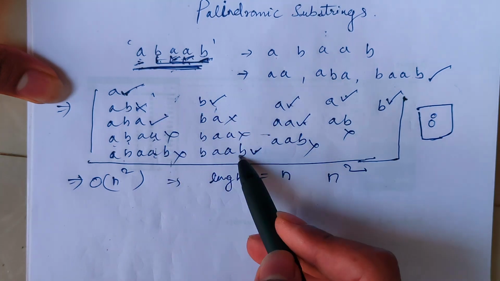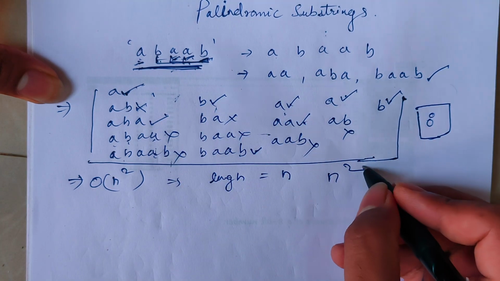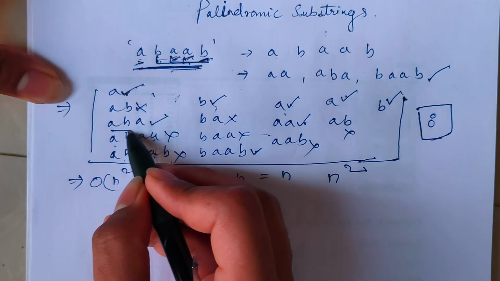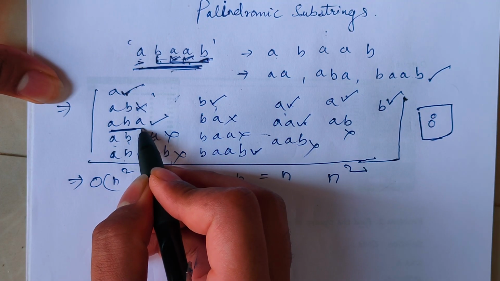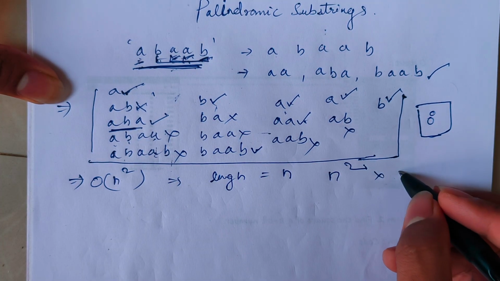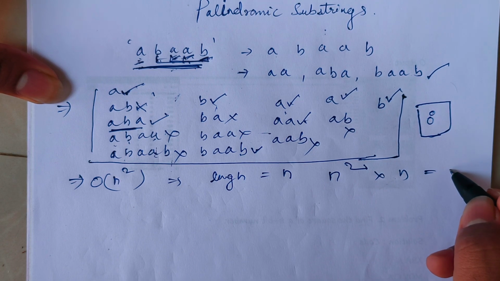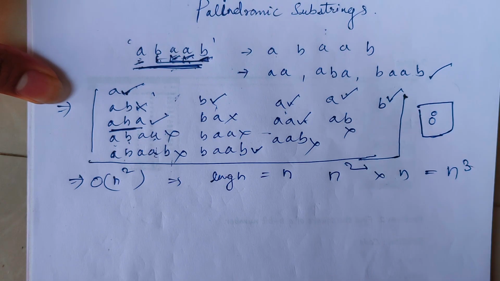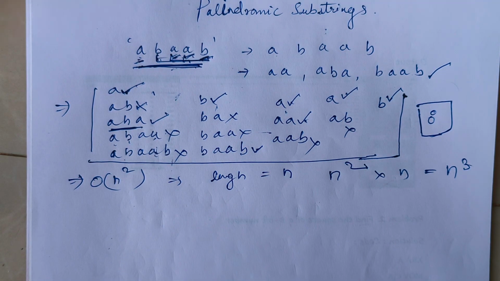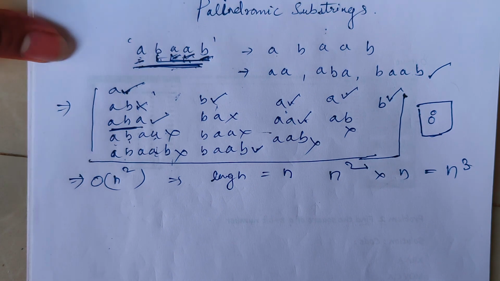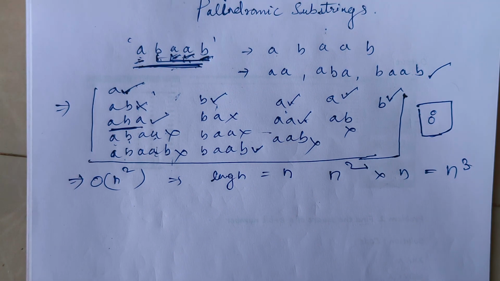For generating every substring we took n square, and for checking whether it is a palindrome or not, it takes order of n. So the total time complexity of this algorithm would be n cube, right? Can you think of any algorithm which could take lesser time complexity than this?